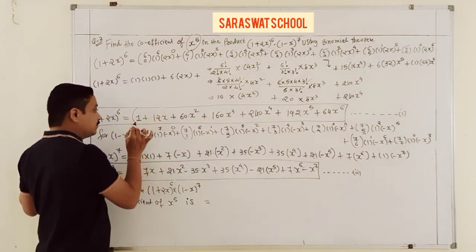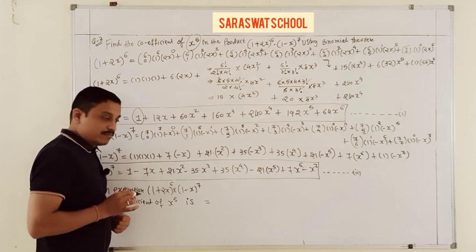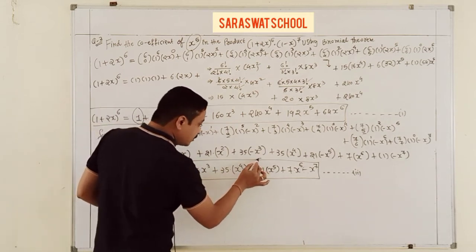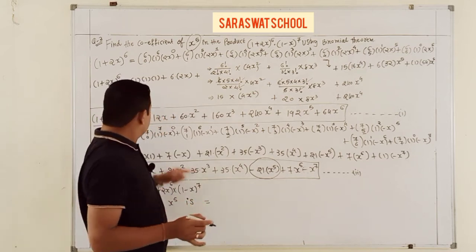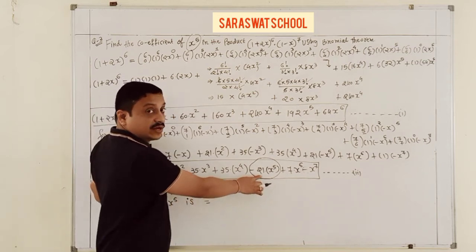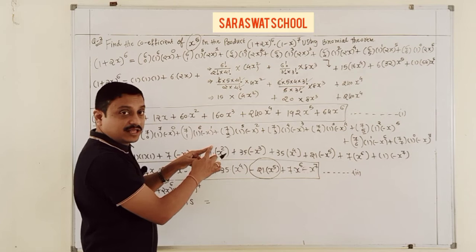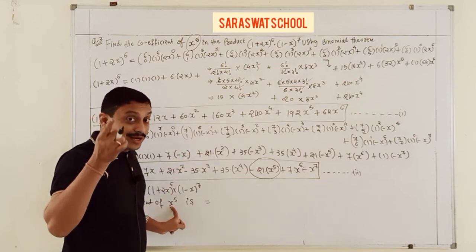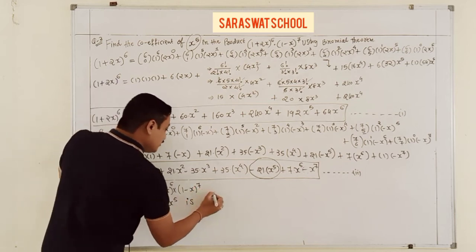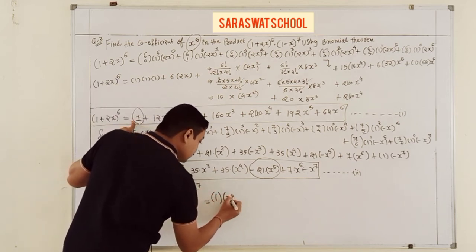This one multiplied by that one, this one and 21x raised to 5, the product of them gives x raised to 5. I want only coefficients, so here 1 but that minus 21.